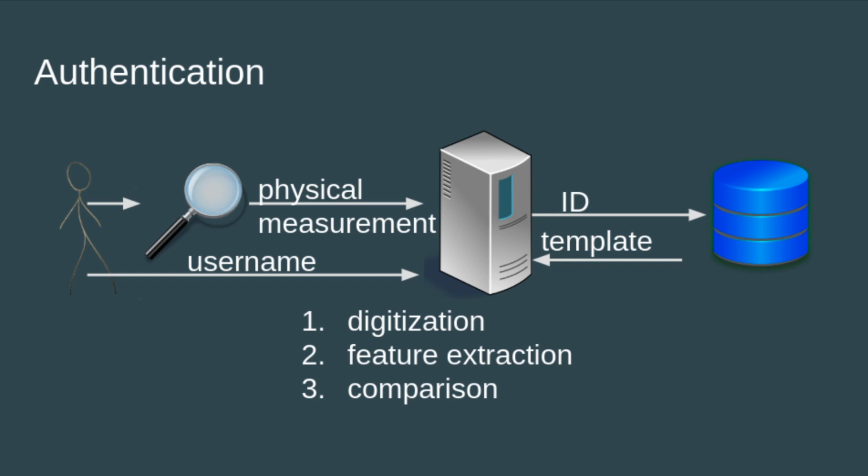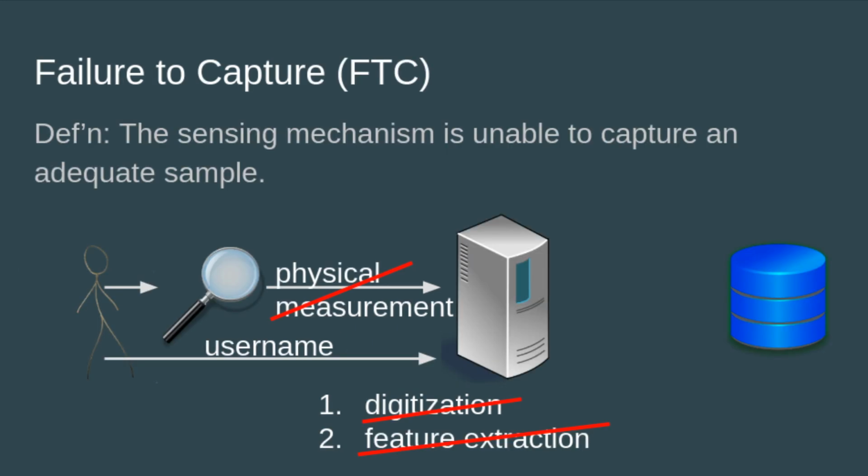The physical measurement is digitized, features are extracted. The ID, the user's name, is sent to the database and queried. The database returns the stored template, the digital features associated with that ID, and then a comparison happens. The measured features are compared to the stored features to see if there's a match.